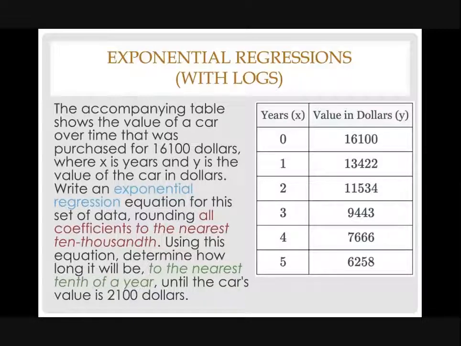So write an exponential regression equation rounding all coefficients to the nearest 10,000th, so that's 4 spaces past the decimal. Using your equation, determine how long it would be, to the nearest 10th of a year, and make sure that you're rounding each part appropriately, until the car gets to be worth $2,100. So you are your own Kelly Blue Book, if you will.